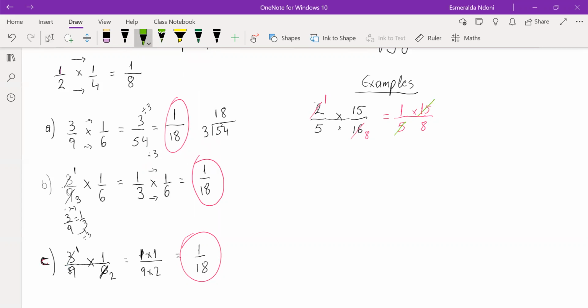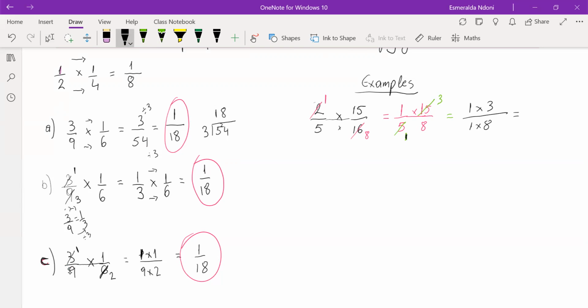5 and 15. 5 goes into both of them. So we can divide both by 5. 5 divided by 5 is 1, and 15 divided by 5 is 3. So I'm going to write this fraction again. I have 1 times 3, and I have this one that I'm left here with times 8.